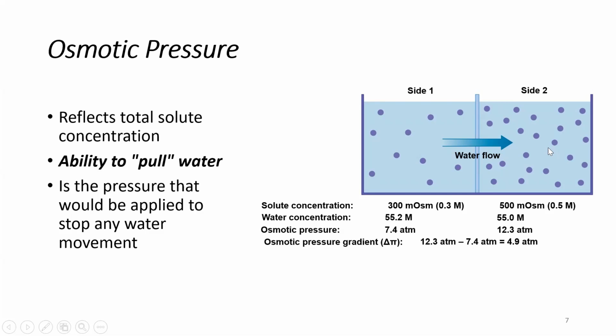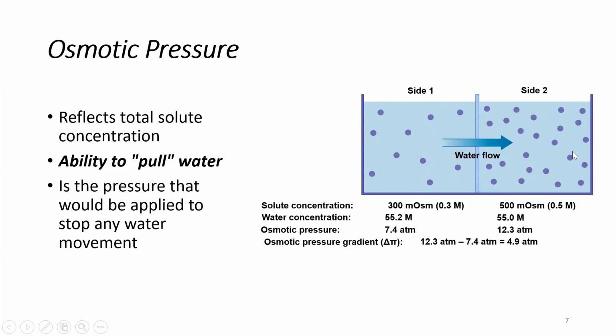So I have a water gradient, but I also have a solute gradient. The solute gradient is from low to high, and the water gradient is going to be the opposite. The side that has more solute has less water, and the side that has less solute has more water. So the water gradient is going to be going from side one to side two.